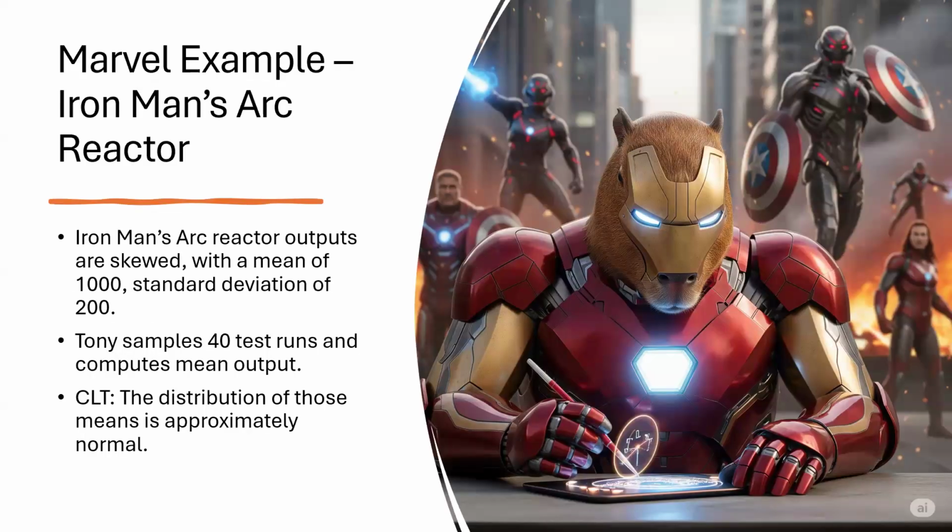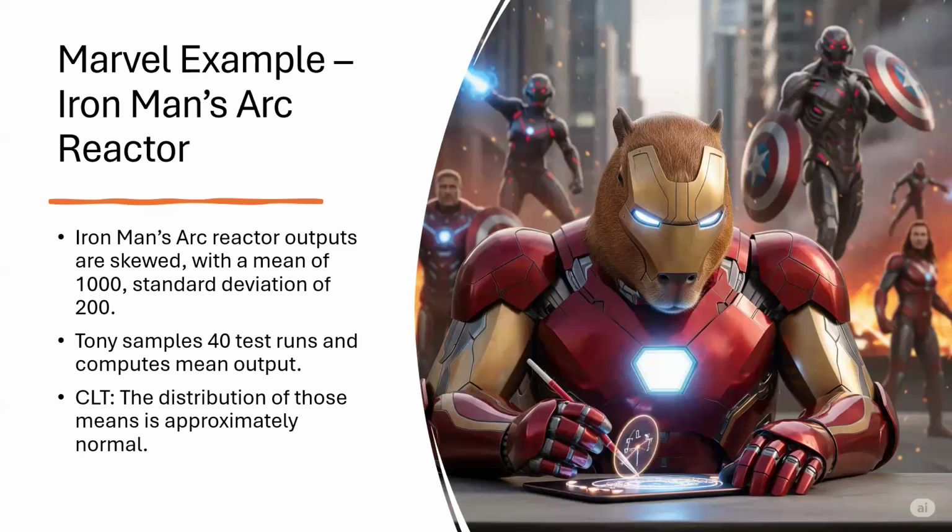Let's get nerdy for a second. Iron Man's arc reactor outputs power inconsistently due to external forces, maybe from battles or the occasional sabotage by Ultron. The individual output data is heavily skewed with a mean of 1,000 units and a standard deviation of 200. Tony takes 40 measurements of output and computes the average.